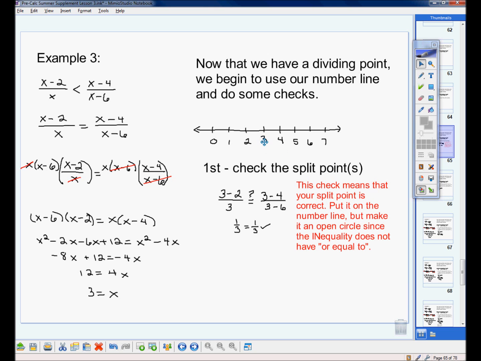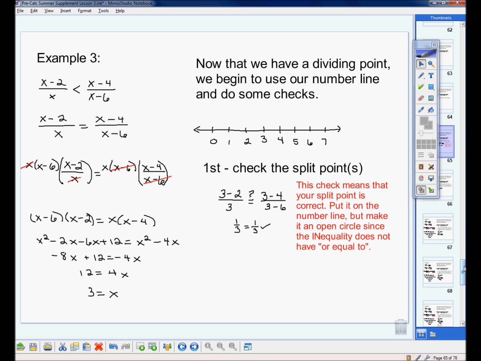We want to put it on the number line, but because this original did not say "or equal to," it's going to be an open circle. It's a dividing point, but it's not actually included as one of the answers. If we had "or equal to" here, with the extra little line under, it would be a shaded in dot.